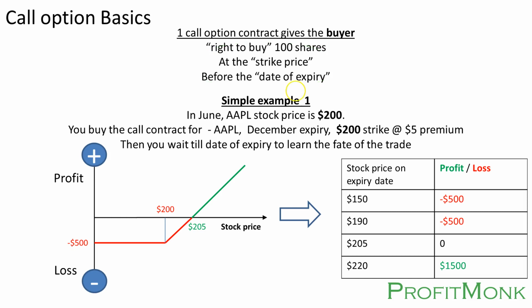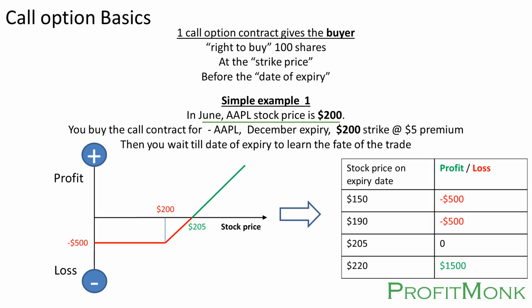Let's look at it with a simple example. We will focus on Apple again, and let's say it's the month of June. Apple is trading at $200, and you think that over the next 6 months there is a very good chance that it might go up.